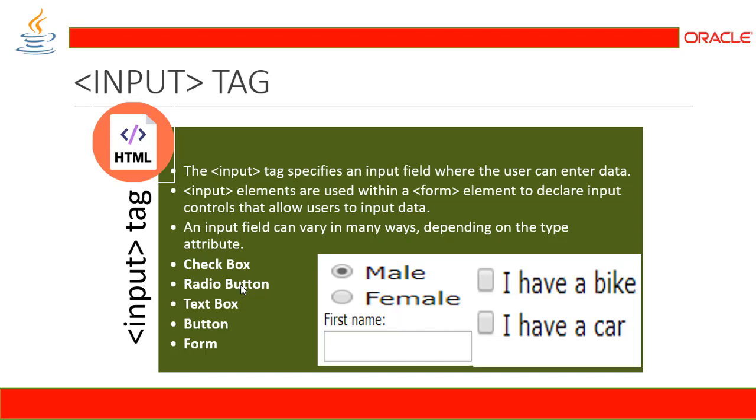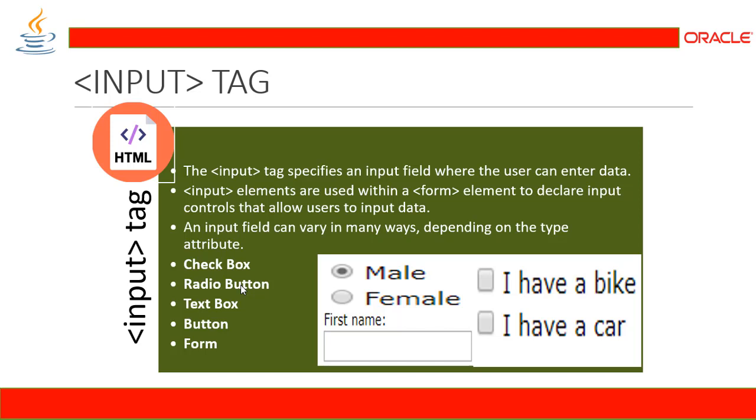The input tag specifies an input field where the user can enter data. These input elements are used within a form element to declare input controls that allow users to input data. An input field can vary in many ways depending on the type attribute.